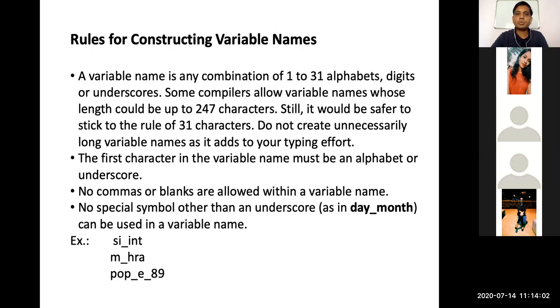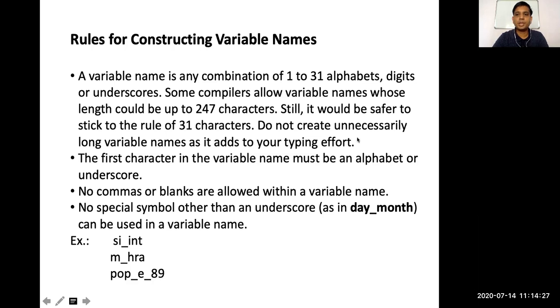So there are some rules you should follow while giving variable names. In your theory of introduction to C, these rules have already been covered in your syllabus, but we'll revise them again. The name is any combination of 1 to 31 alphabets, digits, and the underscore, but the maximum length is 31 characters.